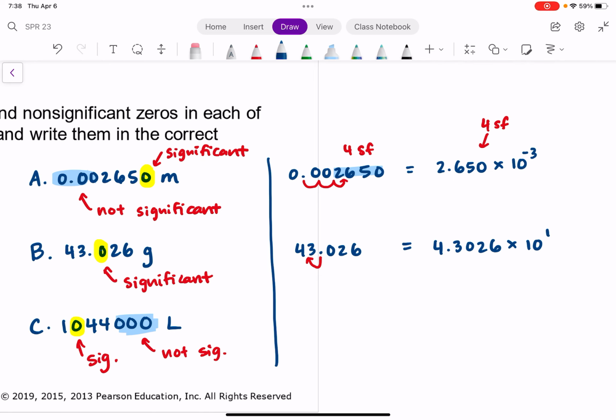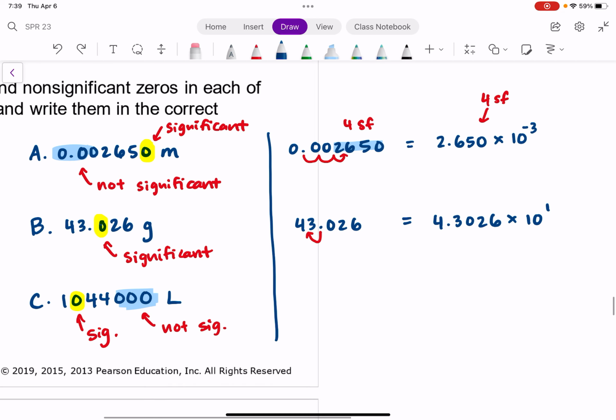Positive 1. Yeah, because this is a bigger number, right? It doesn't have all these zeros in the front. You could also think of it as a number that's at least 1 or higher. It's not like a fractional number like this is.